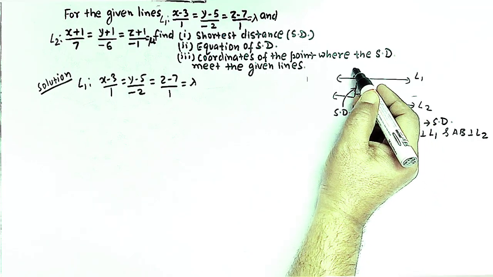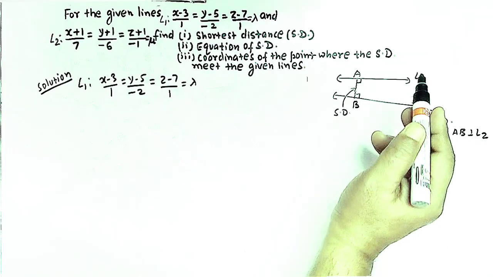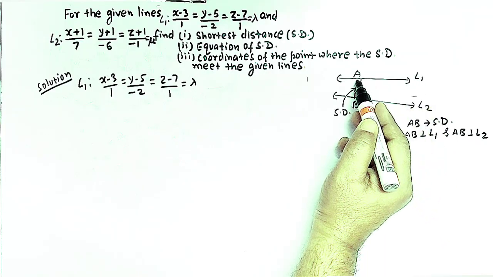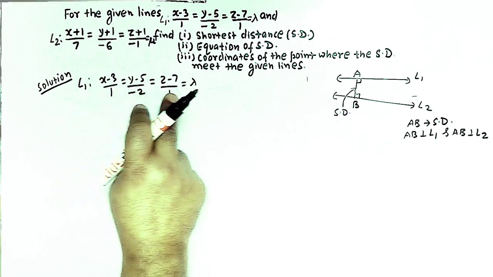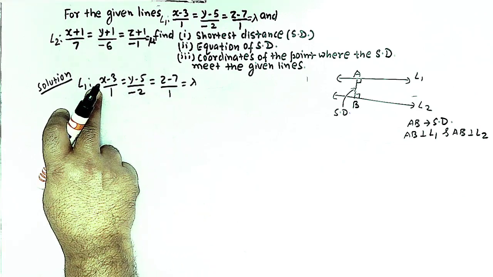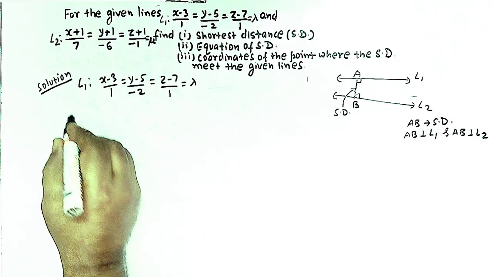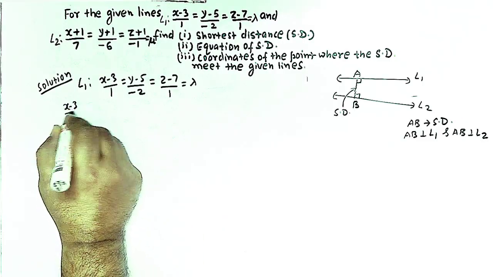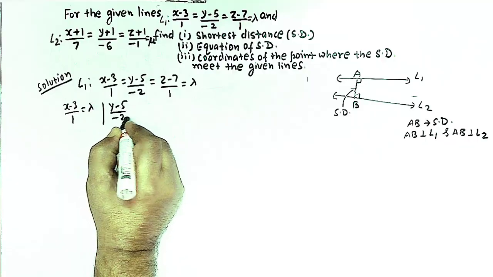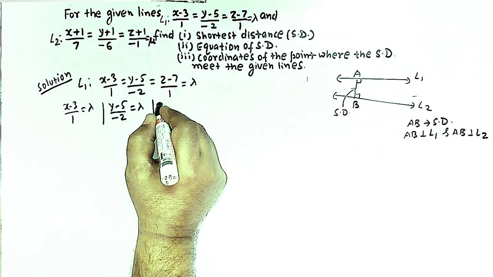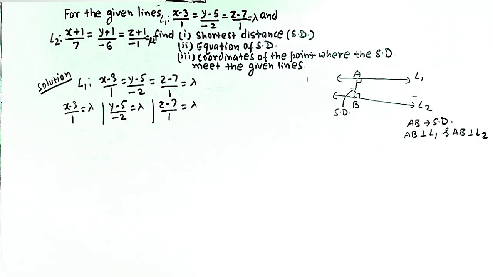Now to get the coordinates of this point A, which is the point of intersection of line L1 with this line of shortest distance AB, let us find out the values of x, y, and z in terms of lambda. So we have (x - 3)/1 = lambda, (y - 5)/(-2) = lambda, and (z - 7)/1 = lambda.